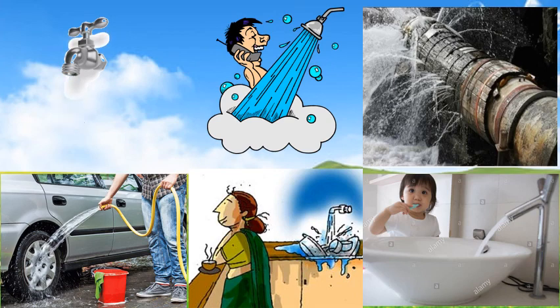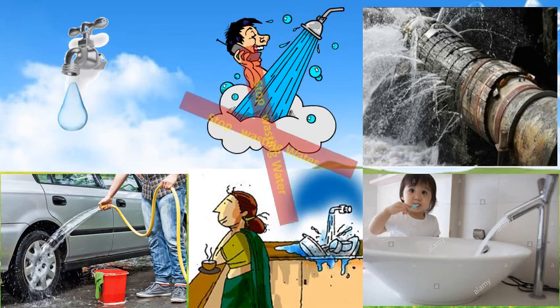All these pictures are showing something. They are telling something to us. Yes, what we are doing? We are wasting our water, precious water. Water is our life. We know that. Then also we are wasting water without any meaning. So please stop this.